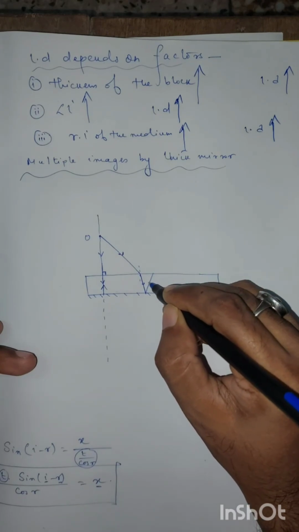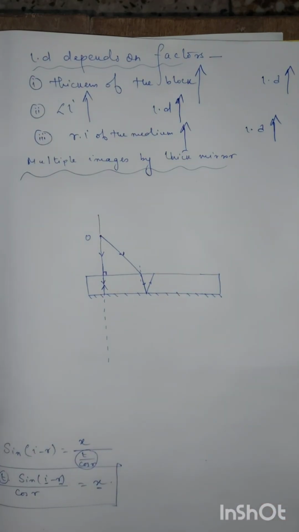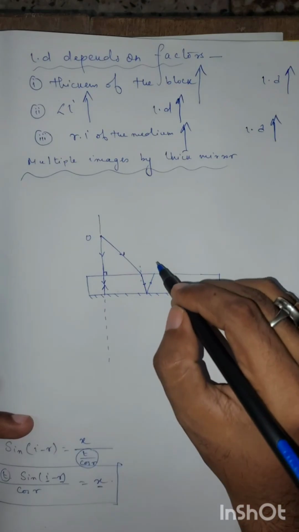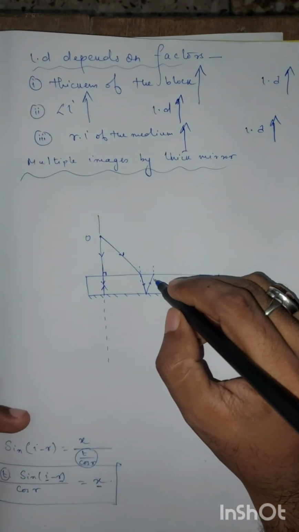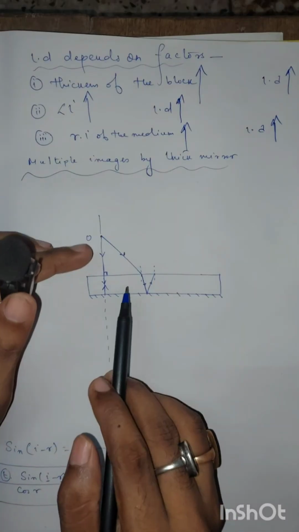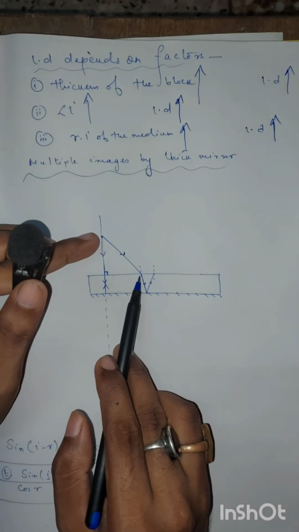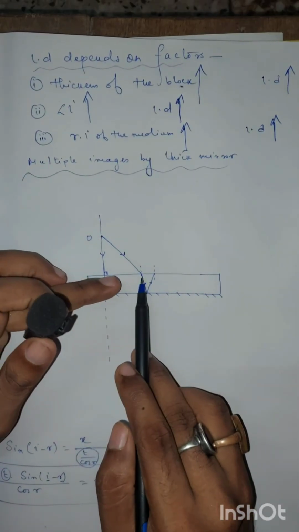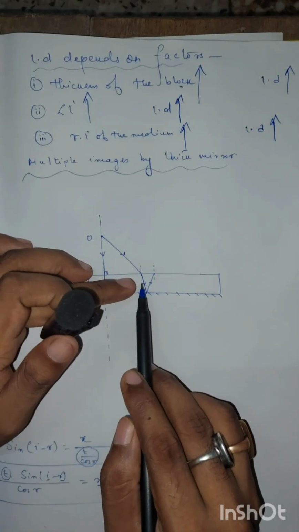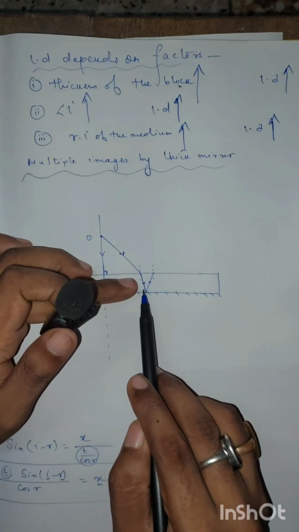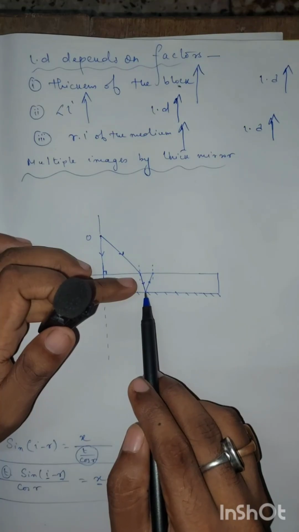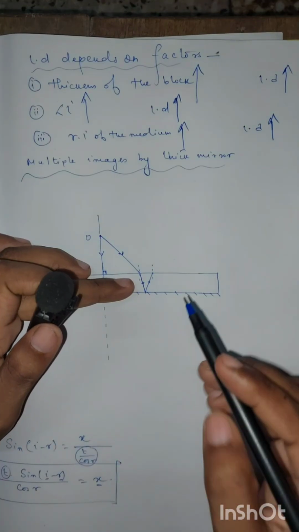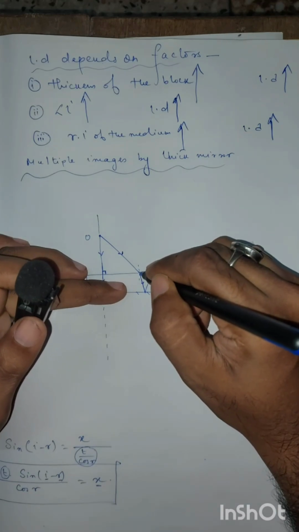We can see that when the light ray strikes the first surface obliquely, a part of this ray enters the glass slab, and another part gets reflected.